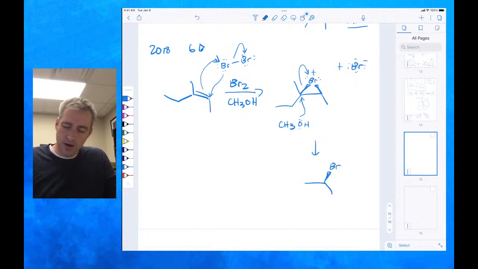That'll put a Br there. That will cause an inversion. So, I guess another way I could draw that is up here. That's attacking from behind, so that's going to push CH3 in front. It's going to look like that, positive charge.